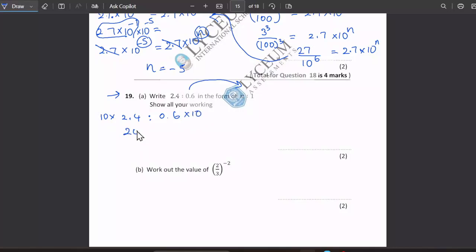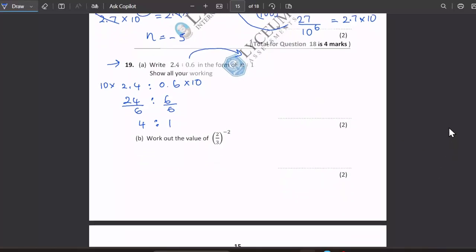Then I get 24 to 6. Then I can divide by 6. Then I get 4 to 1. So always do the same thing to both sides, multiplying or dividing. We can't add or subtract. Always we can do the same thing, multiplying or dividing, to both sides.